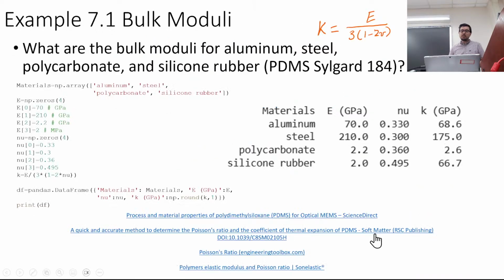So what are some examples of bulk moduli? Here's a little table that I created, and you can recreate if you want using Colab, using Python. And here's the code if you like it.